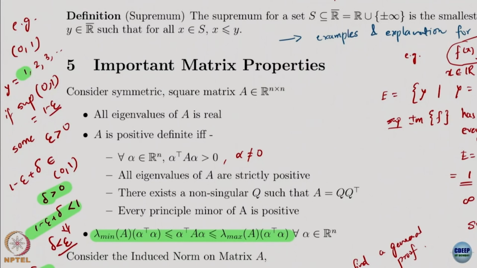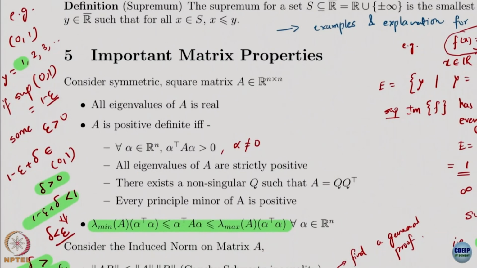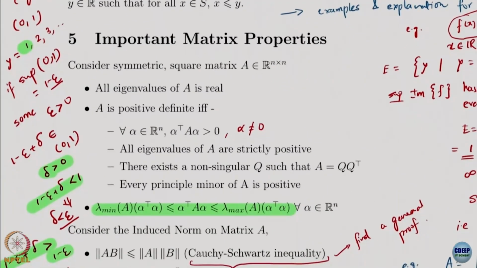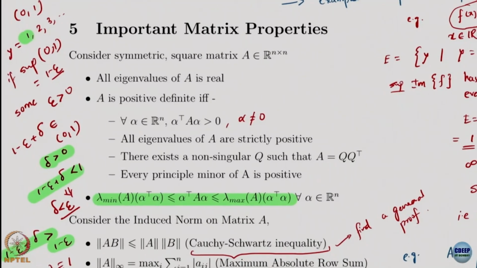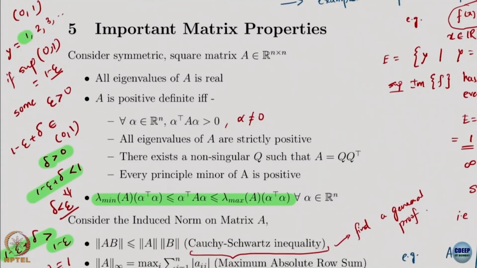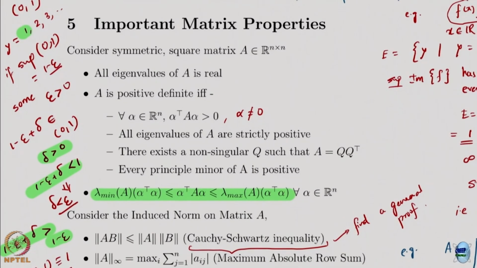Just to do a thought experiment: if I say the supremum is actually 1 minus epsilon for some positive epsilon, then I know that 1 minus epsilon plus delta can also belong to (0, 1), correct? I just have to choose my delta appropriately.